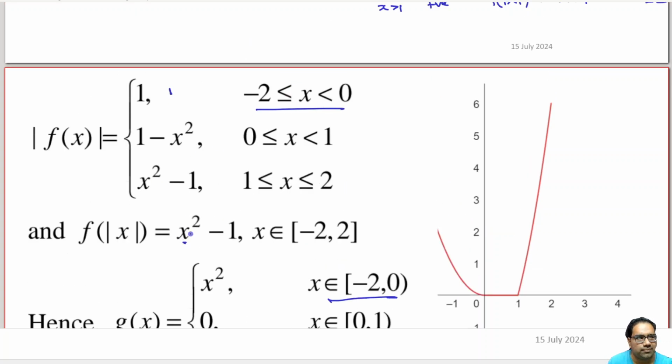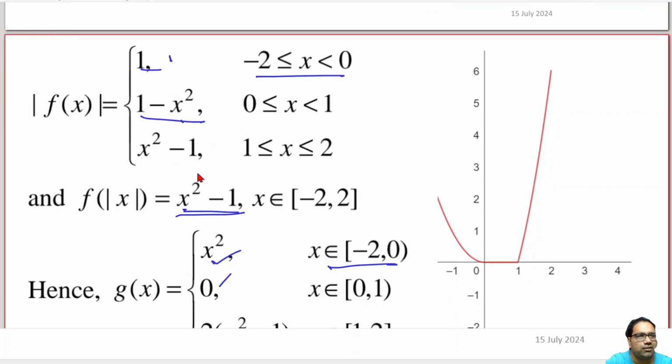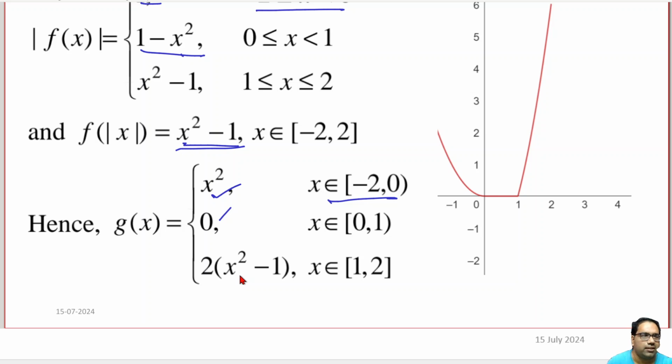Between minus 2 and 0, this plus this: x square minus 1 plus 1, which is equal to x square. Between 0 and 1, again this plus this: 1 minus x square and x square minus 1 cancel, so it is 0. And between 1 and 2, it is x square minus 1 plus x square minus 1, which is 2 times x square minus 1. So we have calculated what our g of x is.